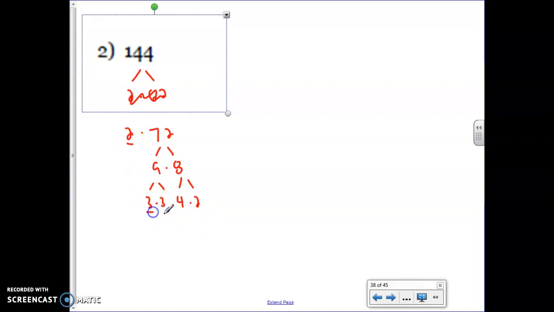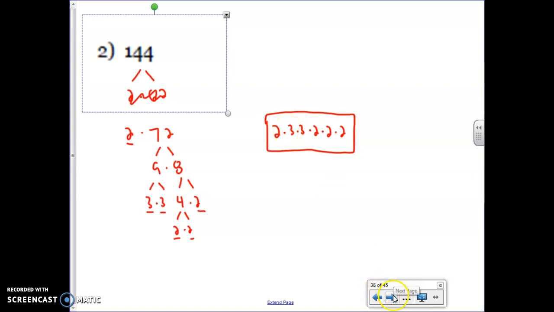That's prime, that's prime, that's prime, that's prime, but 4 is not. That breaks down to be 2 times 2. So if I were to list all the prime factors together, that would make it 2 times 3 times 3 times 2 times 2 times 2. That is the prime factorization of 144. We're listing them all as prime factors.